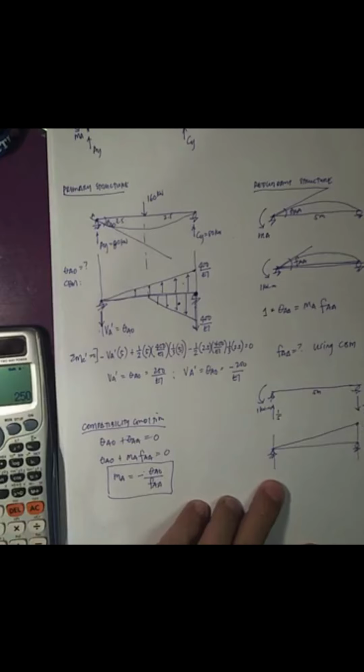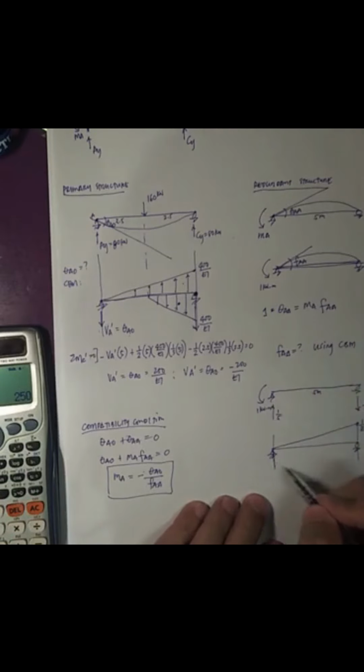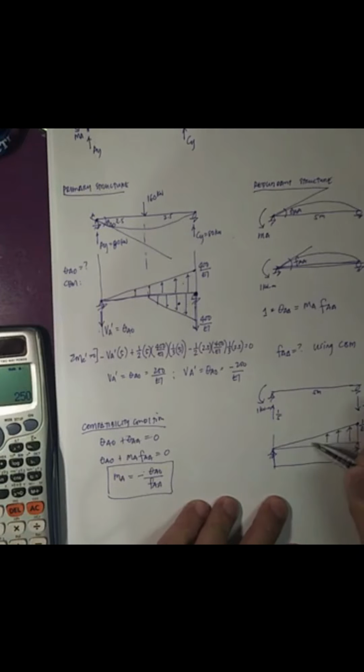So we have a triangular moment diagram there, which would be 1 over EI. Then for that moment, taken with reference here, it will produce a rectangular moment diagram, and that would also be 1 over EI. The triangular load would be upward, that's away from the conjugate beam, while the uniform rectangular load would be downward, that's away from the conjugate beam.